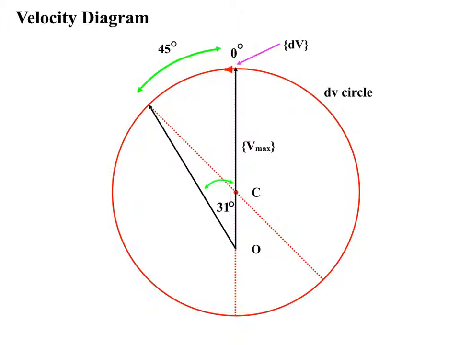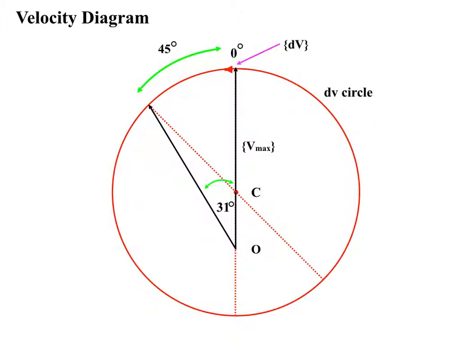Then we draw a vector from O to the point on the dv circle at 45 degrees. We can measure the directional angle of the new vector. It's 31 degrees referenced to Vmax on this velocity diagram, and therefore it is at 121 degrees referenced to 0 degrees on the position diagram.